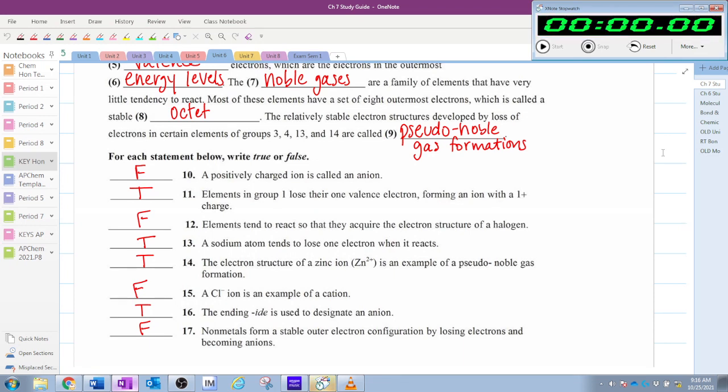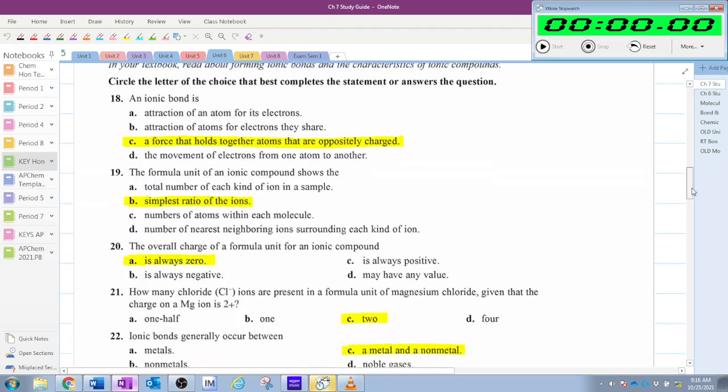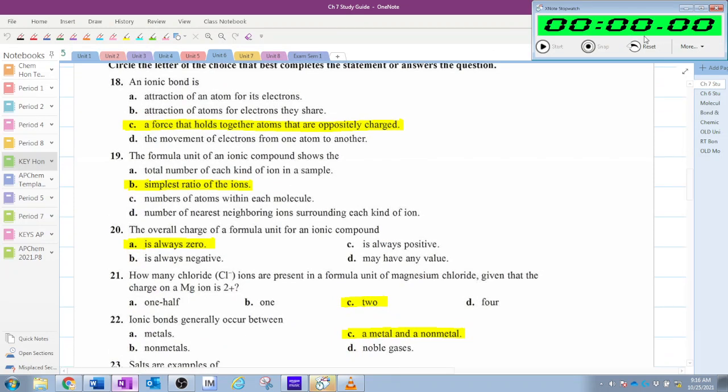All right, good to go to the next side. True false. Okay. All right, then we got our multiple choice. So a bunch of multiple choice here. Here's 18 through 22.